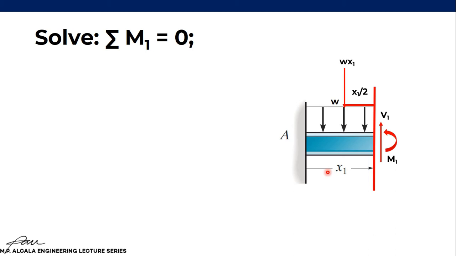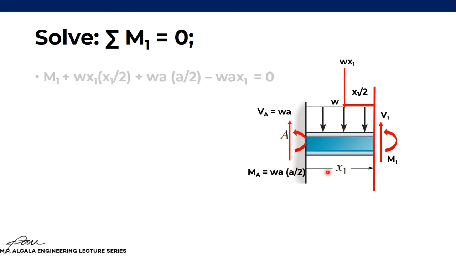And then finally, our reactions. This is based on our original diagram, from our statics computation a while ago. VA is simply WA, and MA is simply WA multiplied by the moment arm A over 2. So, summing up moments about point 1, that will be M1 here.